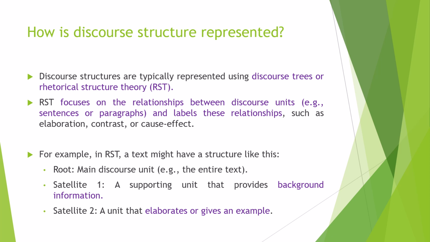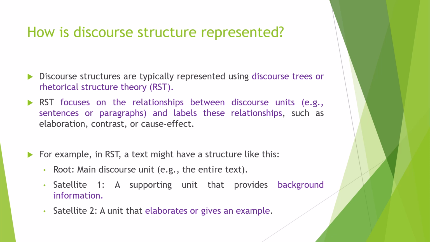So this discourse tree structure focuses on the relationship between discourse units. So relationships between sentences or paragraphs are expressed, and we use labels to identify these relationships. We can identify elaboration, contrast, or concept relationships between sentences or paragraphs.